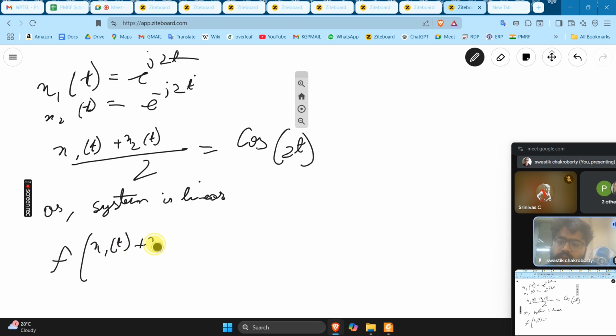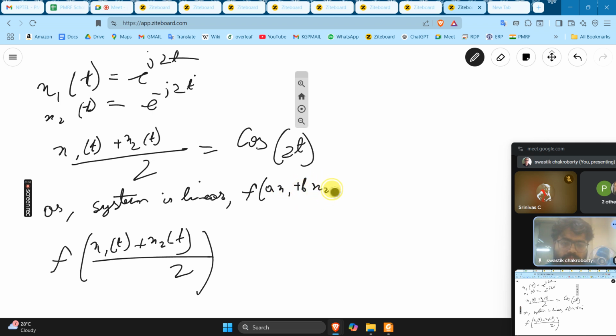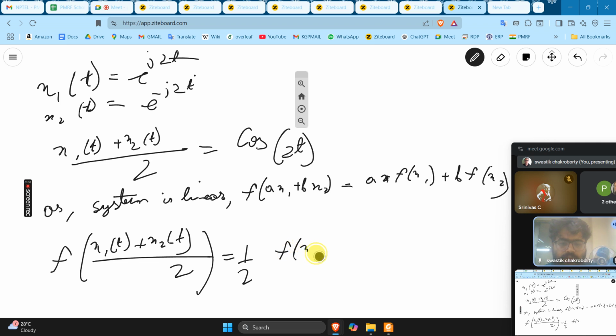So f of a x1 plus b x2 equals a f of x1 plus b f of x2. This is the definition of a linear function. So you can take the half outside: half f of x1(t) plus half f of x2(t).